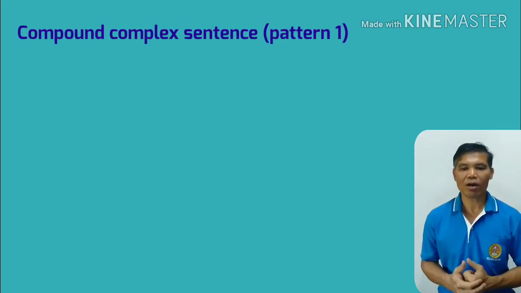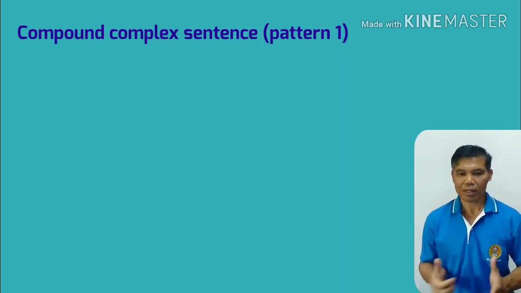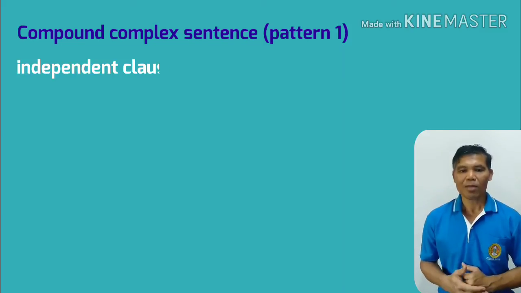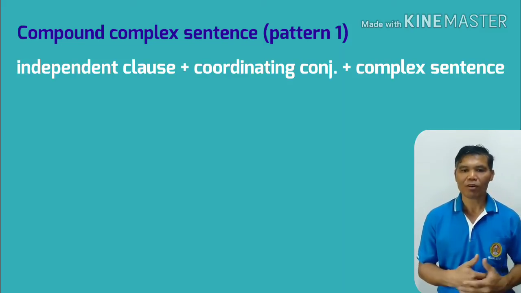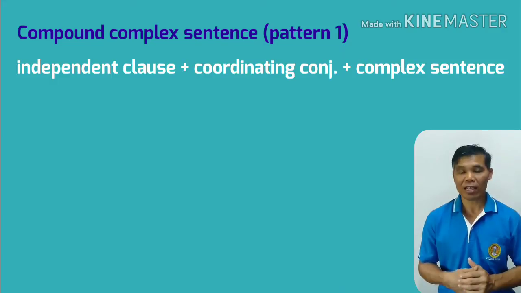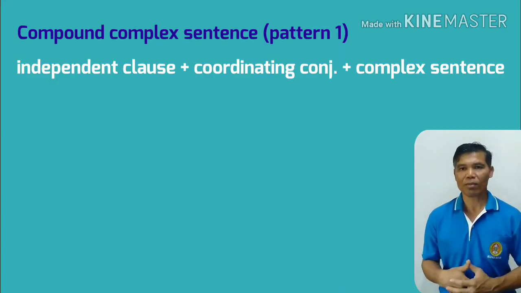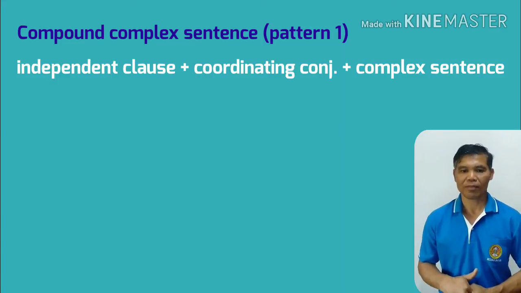Okay, now we have come to the last sentence pattern, which is compound-complex sentences. And there is only one pattern I'm going to tell you. The structure goes like this. Independent clause followed by a coordinating conjunction and followed by a complex sentence.